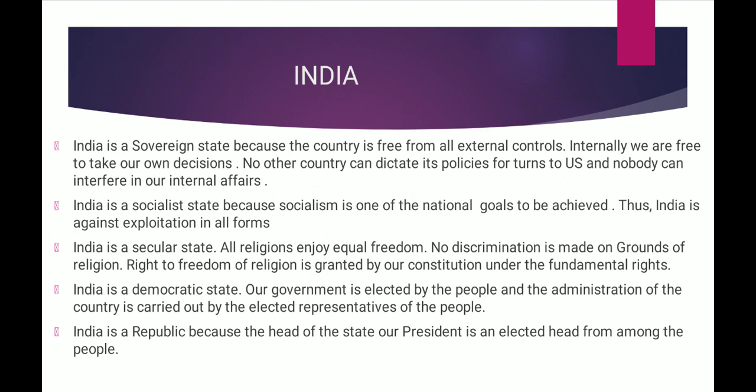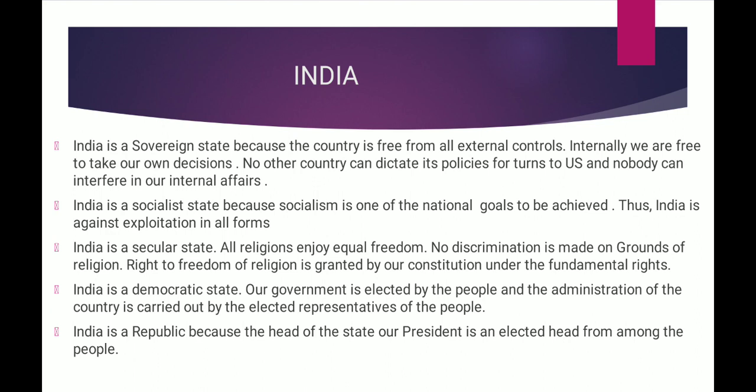For example, in 2019, on August 5, the Indian government abolished Article 370 in Jammu and Kashmir. But Pakistan, the neighboring country, also raised its voice in the international forum.